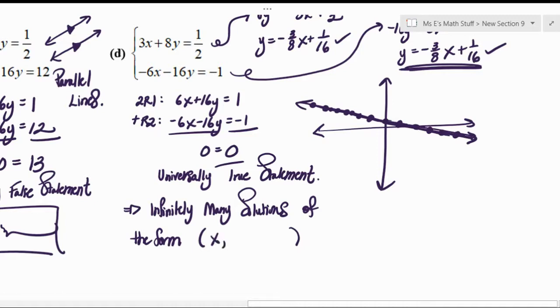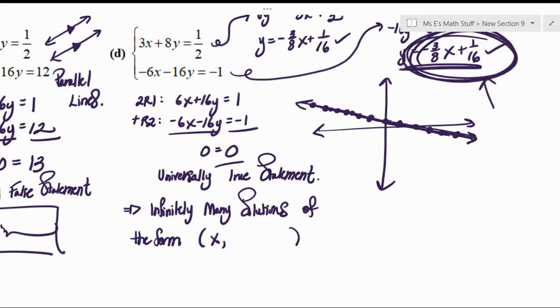So your x could be anything, but then your y value would have to be calculated using this formula. So you take your x value, you multiply it by -3/8, and then you add 1/16. And you would use this formula for every single x value that's from the real number system in order to calculate all the solutions that are on this line.